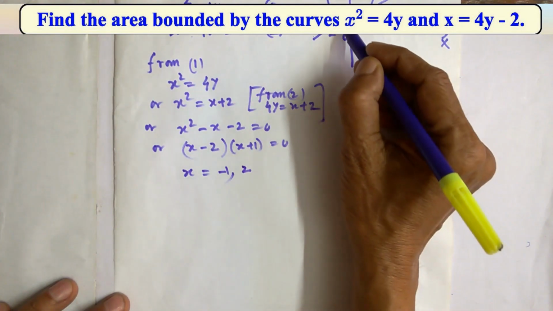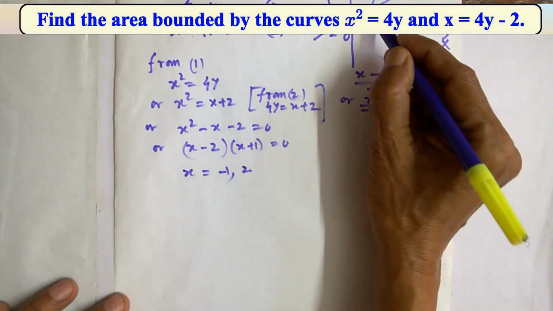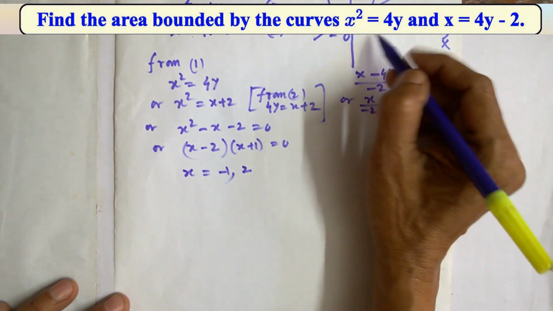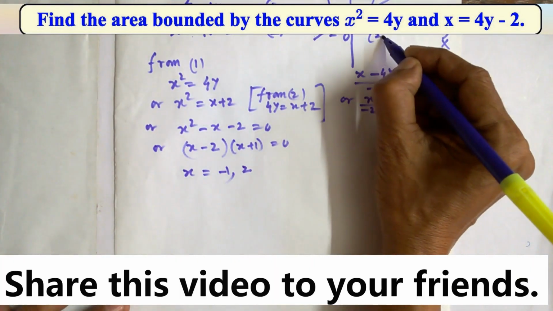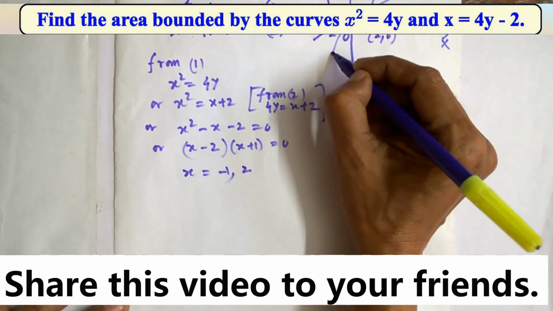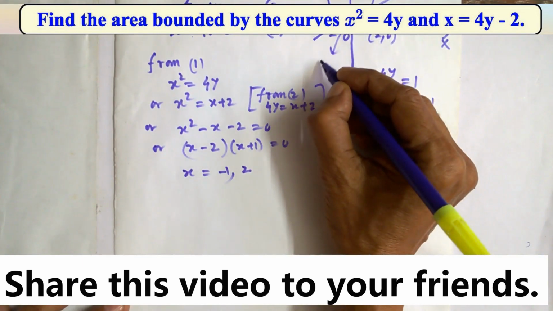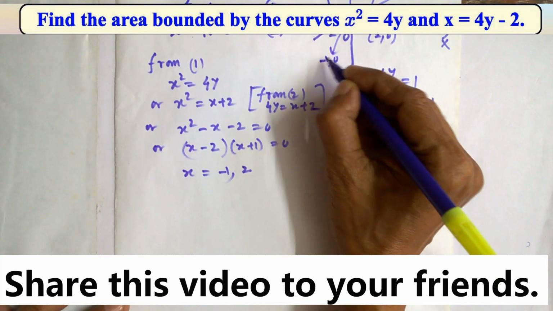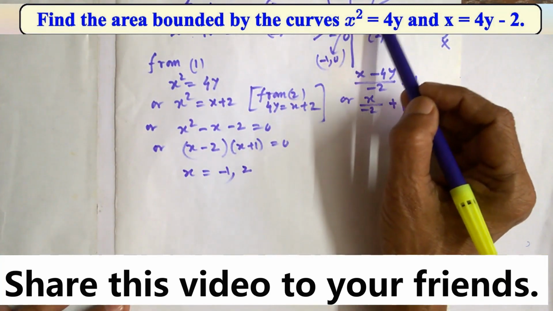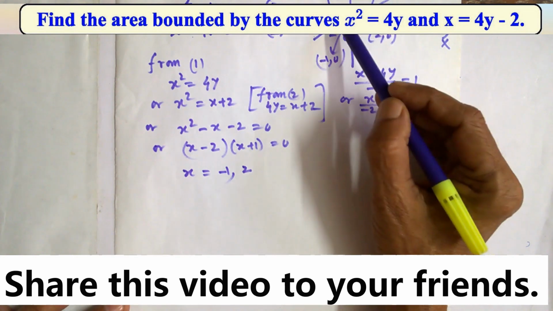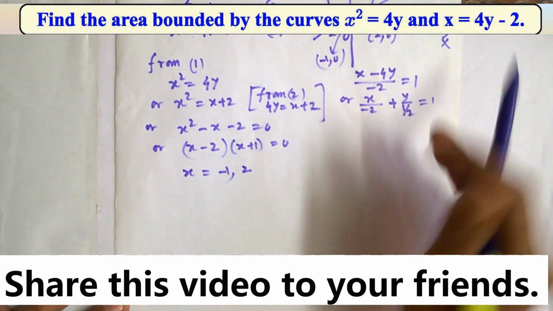So the coordinates of these are 2, 0 and minus 1, 0. So here the equation of the line is the upper curve, and the equation of the parabola is the lower curve.